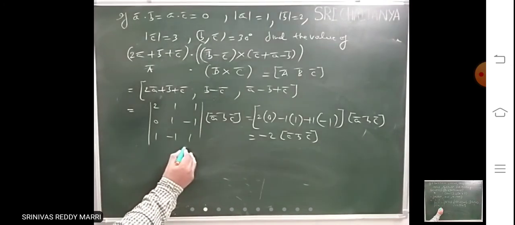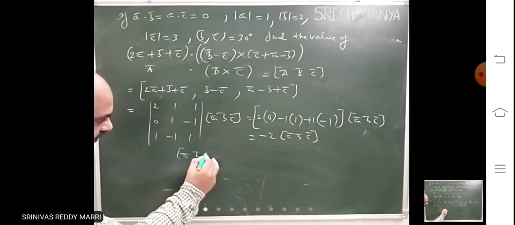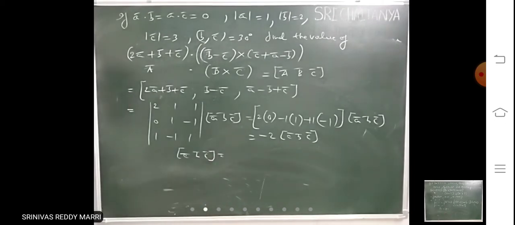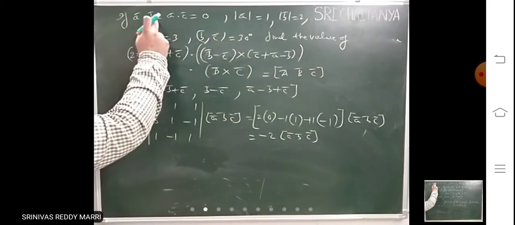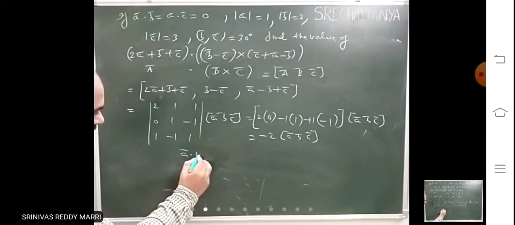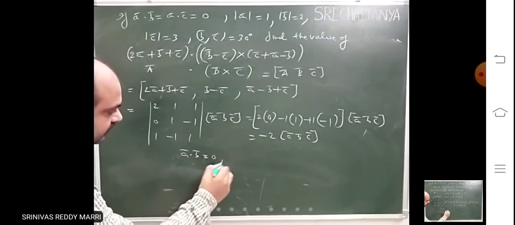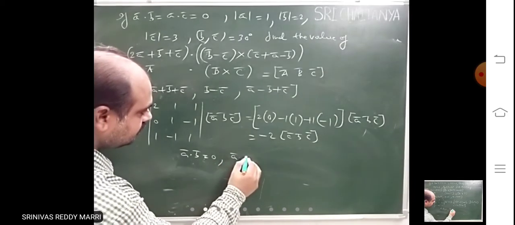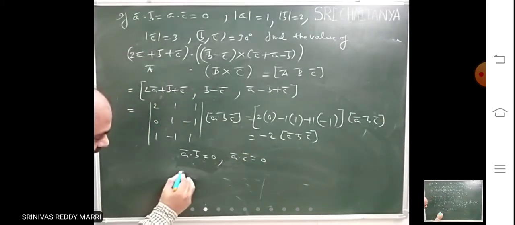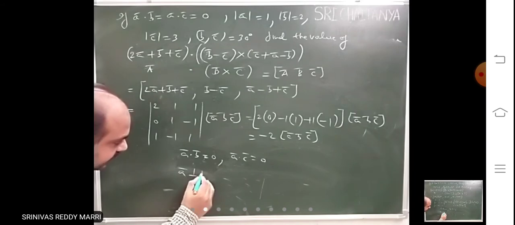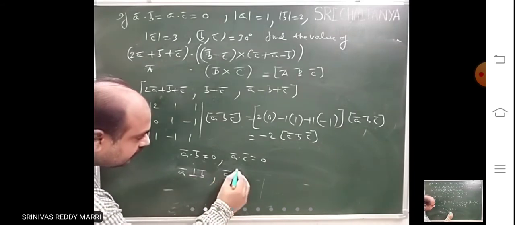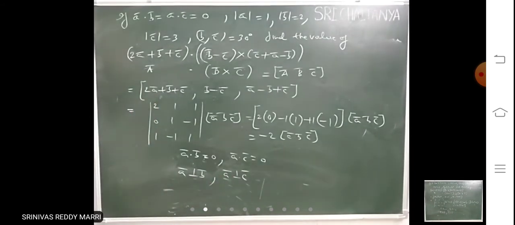So look, we will calculate that now. Box of A bar, B bar, C bar is nothing but, look at here, one piece of information is given: A bar dot B bar equals 0. That means A bar is perpendicular to B bar, and A bar is perpendicular to C bar.